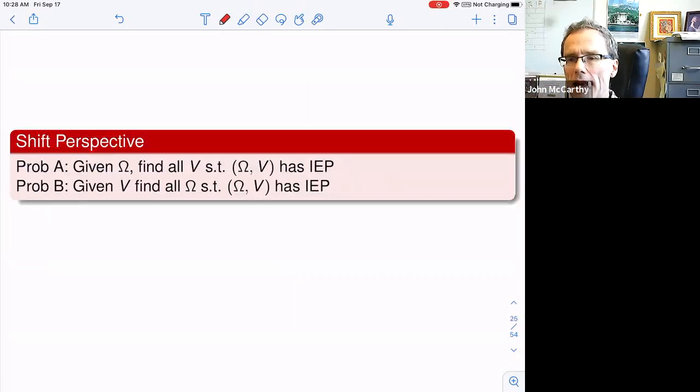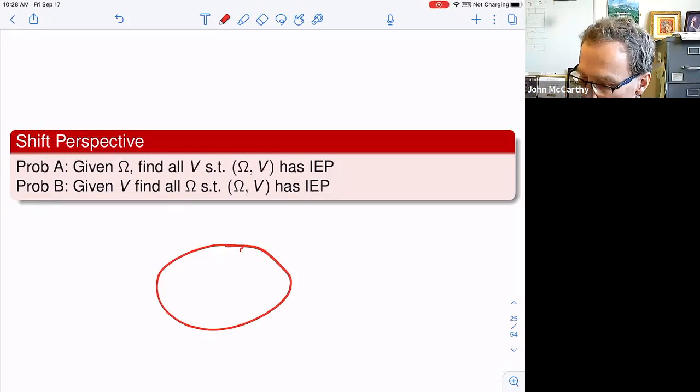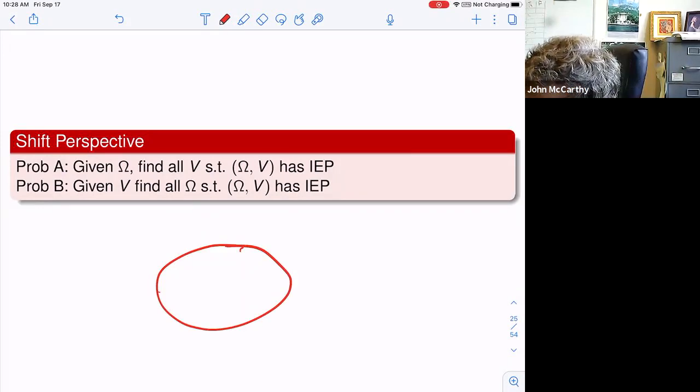So that led us to shift perspective. Our original problem, which I'll call problem A, was: you fix omega, and then you try and find all analytic subsets V such that the pair omega, V has the isometry extension property.